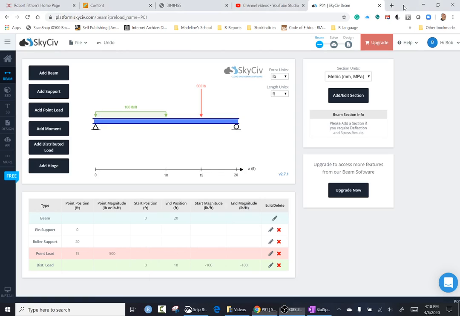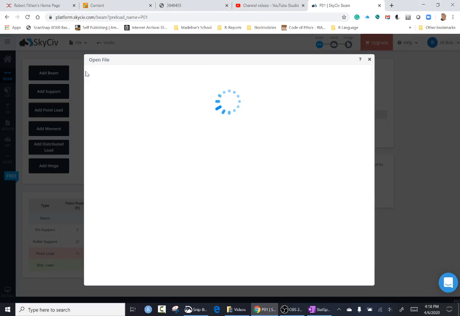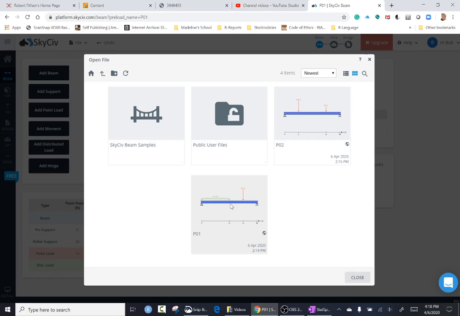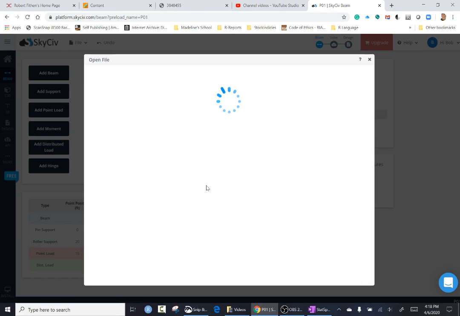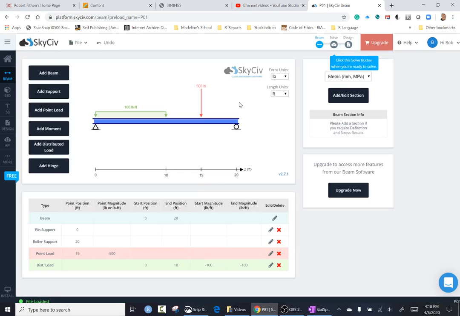Let's take a quick look at our two problems. Let's start with the one we had before, PO1. We look at this and do a solve.